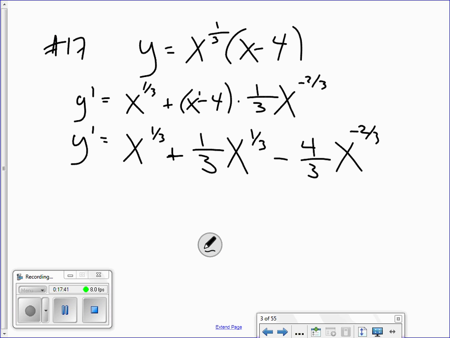Okay. Now, before I take the second derivative, it's always good to clean this one up. We've got some like terms here. We have a whole x to the 1/3. We've got 1 x to the 1/3. Okay, you guys see that? If you have 1 x to the 1/3 plus 1/3 x to the 1/3, you get 4/3 x to the 1/3.